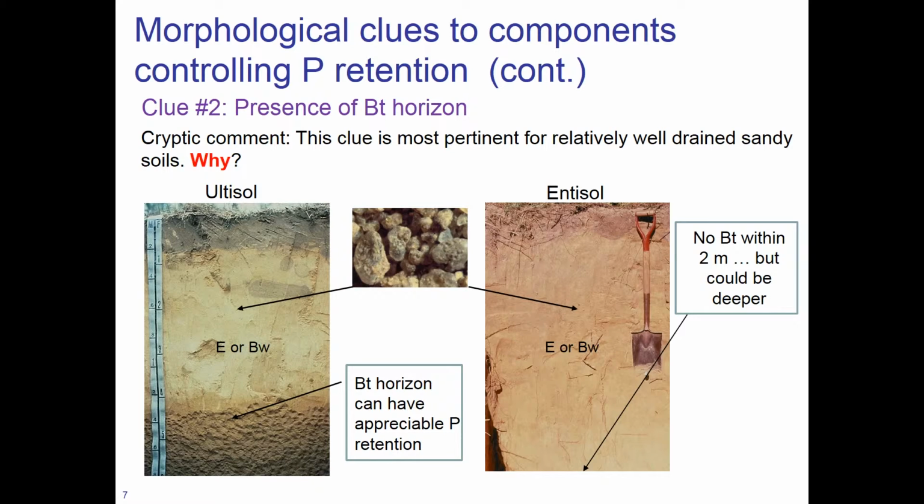I have a cryptic comment that this clue is most pertinent for relatively well-drained sandy soils. And so rhetorically I ask why, and even though I will go into this in greater depth in a future lecture, the obvious reason would be that if you have very poorly drained or poorly drained conditions where the water table is close to the surface and you have limited water storage, the risk of phosphorus runoff by surface or shallow base flow is increased, and the opportunity for phosphorus to interact with the deeper horizons in the soil is reduced.